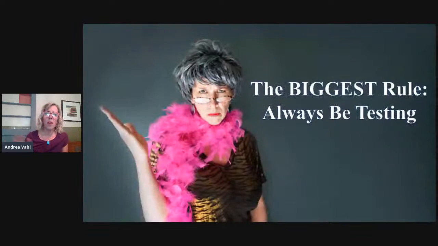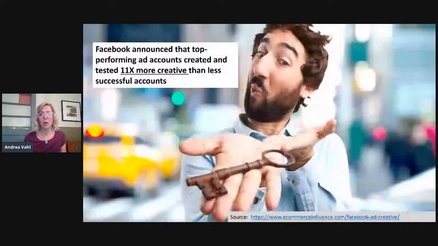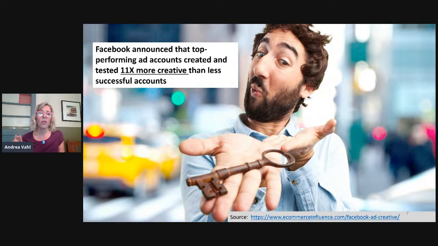And the biggest rule of all of this is always be testing, because that is where you're going to get better results. And Facebook announced that the top performing ad accounts created and tested 11 times more creative than less successful accounts. So testing is key.